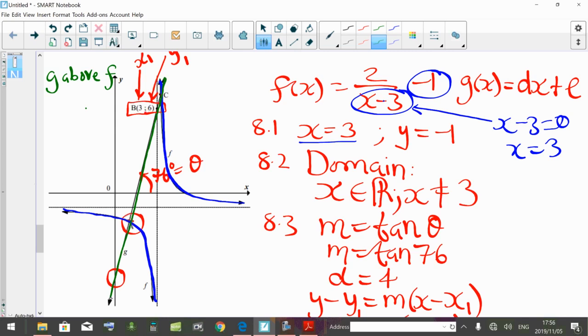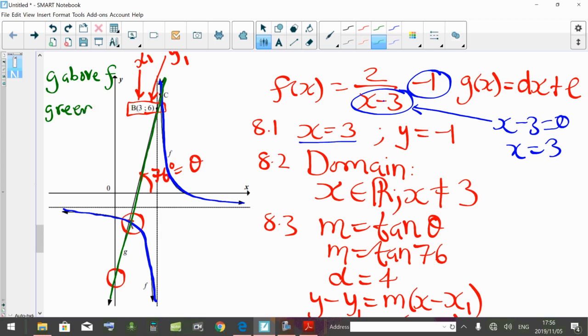So if I were to rephrase the question, they're basically asking, where is green above red? Sorry, not red, but blue.